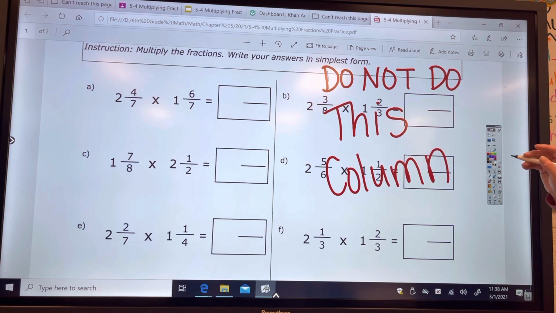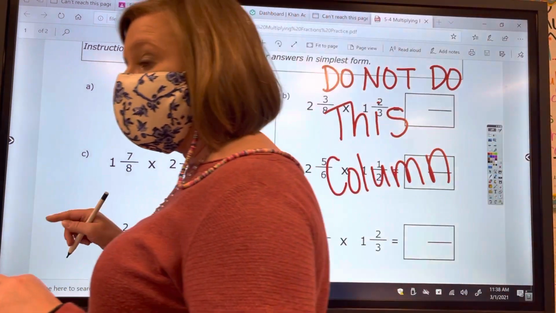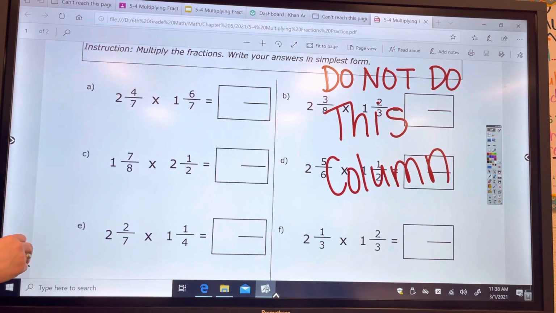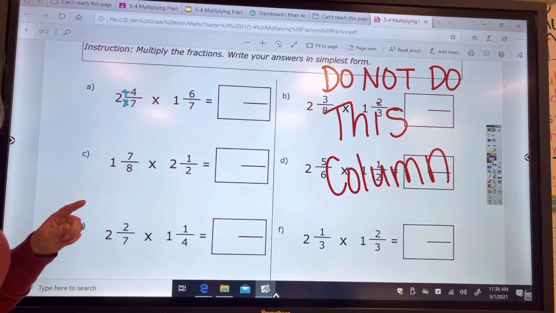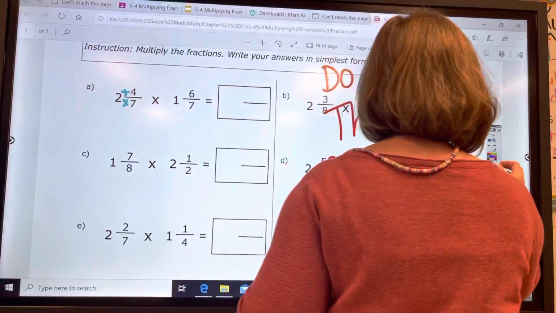Now, when we are multiplying mixed numbers, what do we have to do? Do the times and add. All right, I want y'all to do that for this one right here.